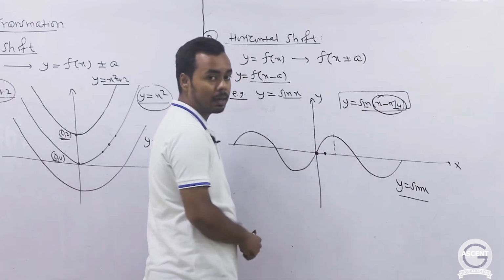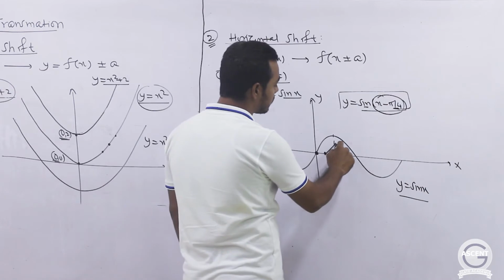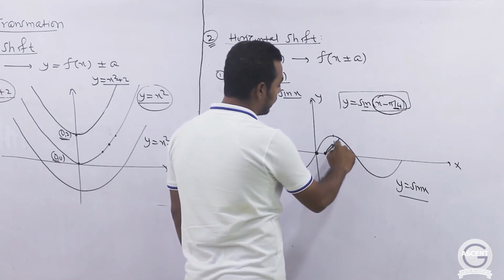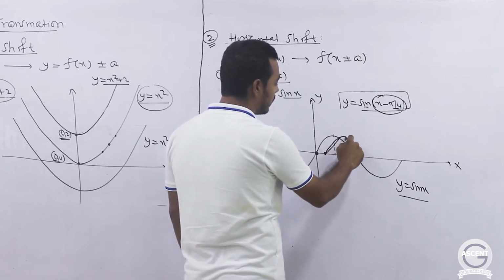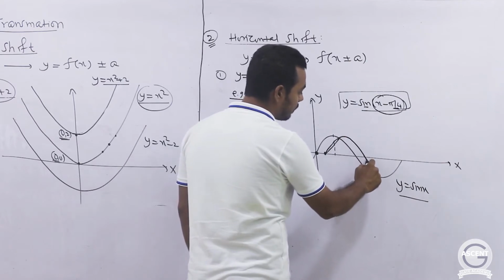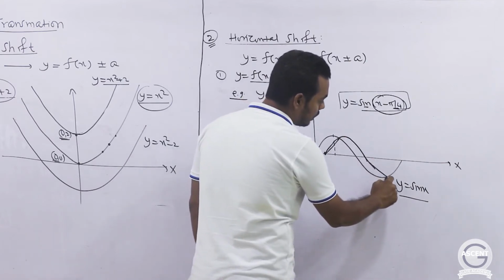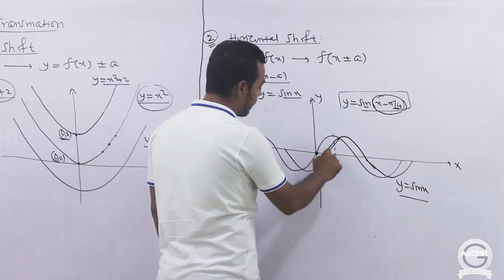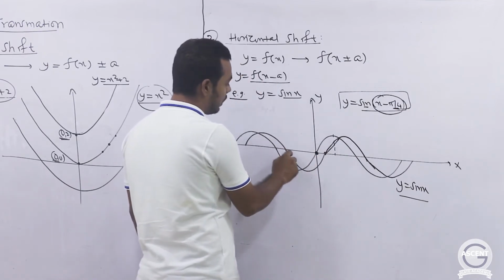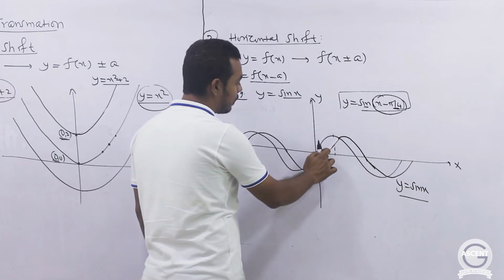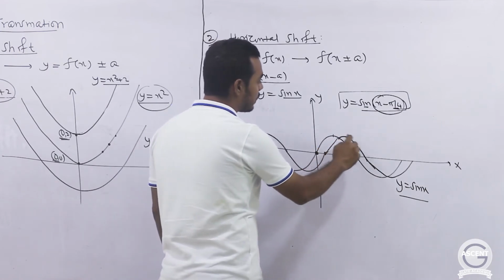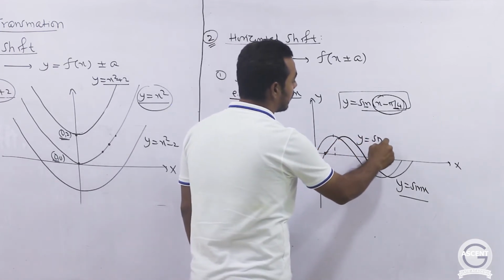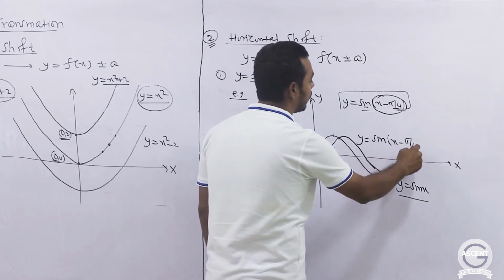towards the right side. So now the graph of this function will be something like this. It will be parallel to this graph. Let me draw this graph. You will get a graph something like this. All the points on this graph, this is your new graph of the function y equals sin of x minus pi by 4.